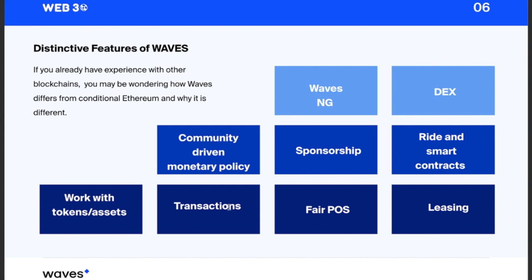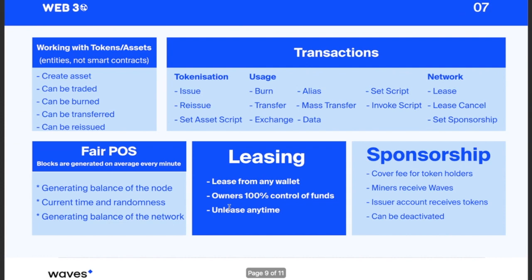Waves has a decentralized exchange, RIDE smart contracts, and also the leasing feature, especially for community members who intend to run a node and can't afford it, or for whatever reason can't maintain a node. With the leasing feature, they are able to participate in mining and they receive a reward too, even without owning a node. Okay, so let's look at these features quickly.